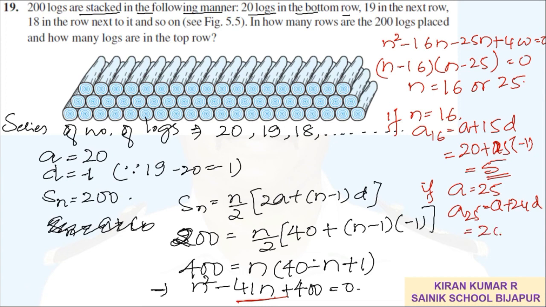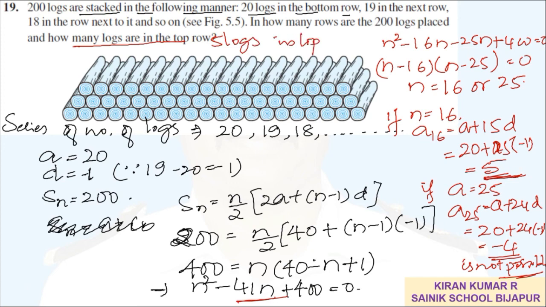A is 20 plus 24d, 24 into -1. We get it as -4, which is not possible, because the number of logs will never be negative. So at the top row there will be 5 logs. This is the result.